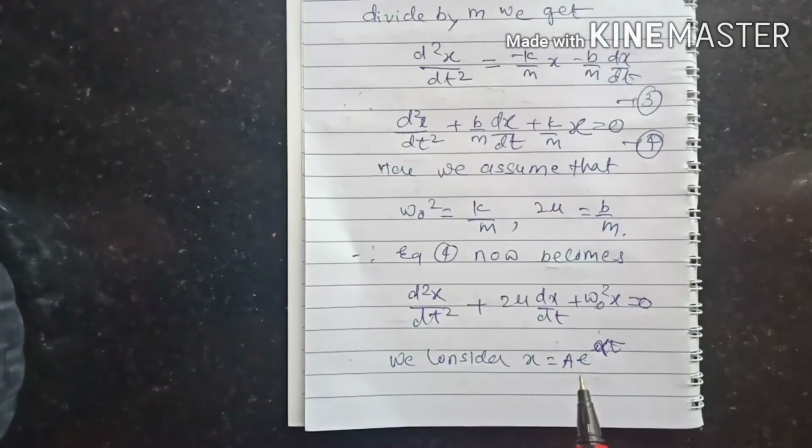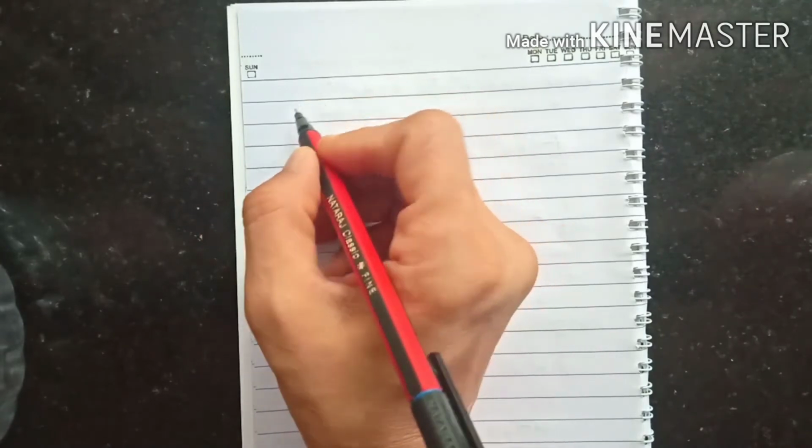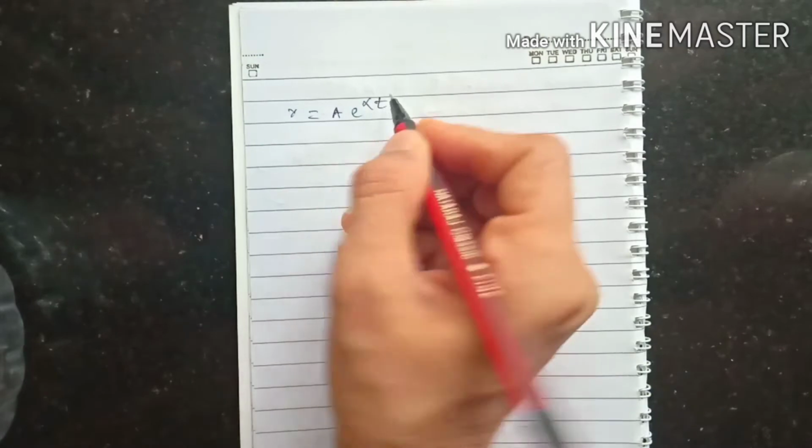To find the solution of the above equation, we consider x = A e^(alpha t), where alpha is some constant. We have assumed x = A e^(alpha t).